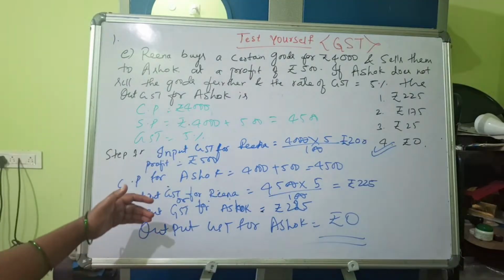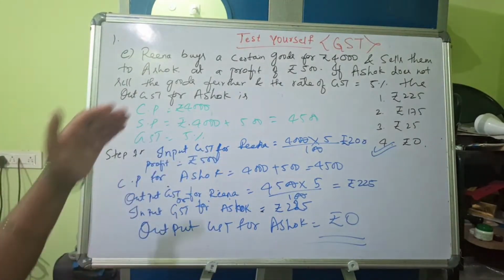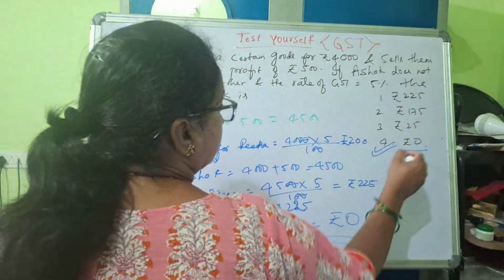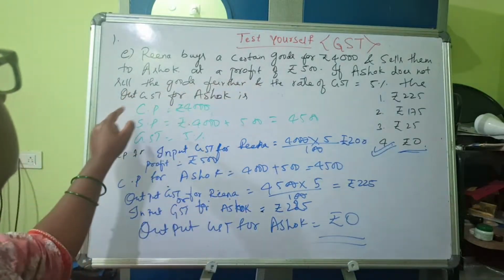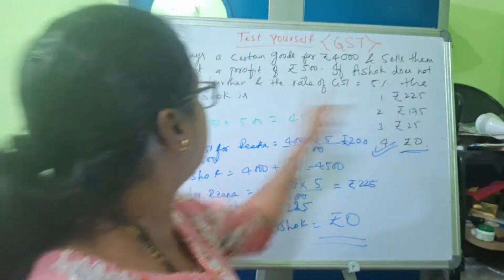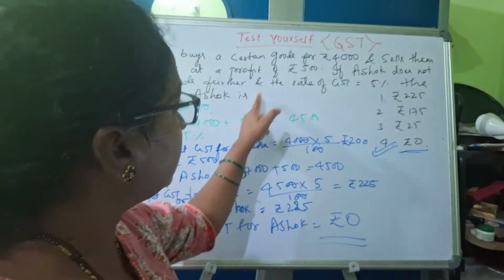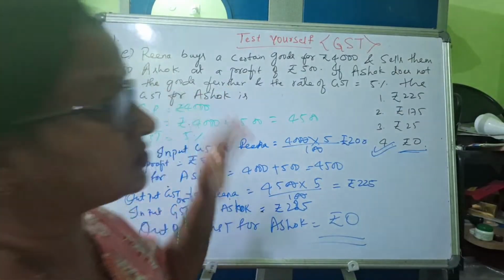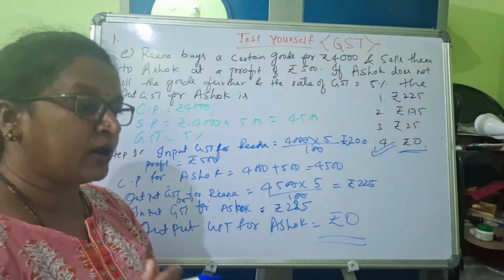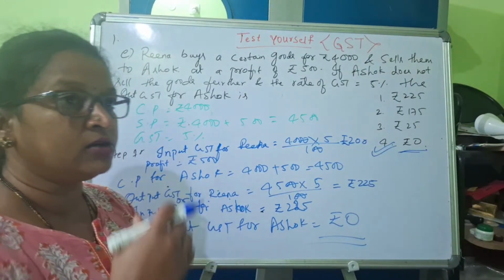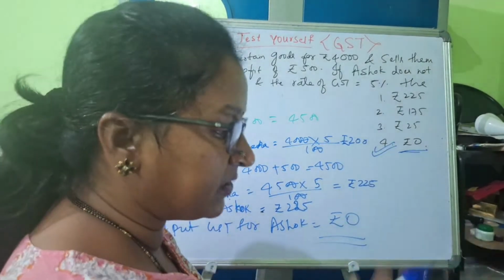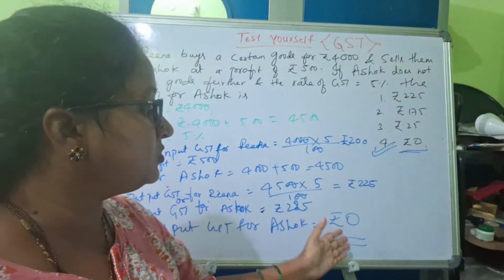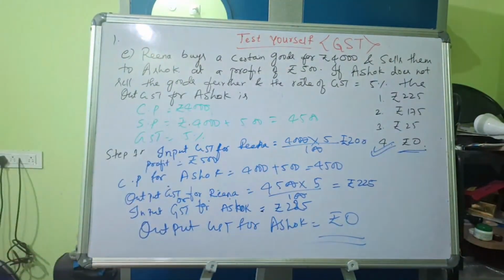Instead of solving all this, if the question is given for 1 mark, you can directly write rupees 0, because in the question it is clearly mentioned that Ashok does not sell the goods further. Output GST is applied only when you are selling the goods to some other person. So if Ashok is not selling the goods further, then the output GST is simply 0.